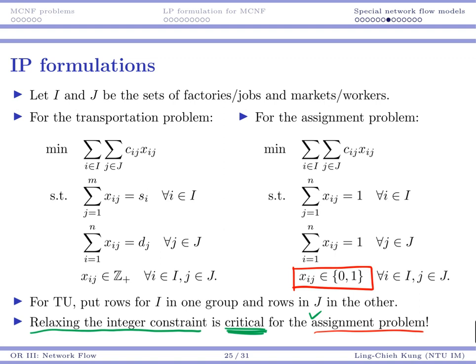If you say your xij can be 0 or 1, or any number within 0 and 1, you need to make sure that this is not going to produce a solution that really violates your constraints. And luckily, we can relax that constraint because we have total unimodularity.